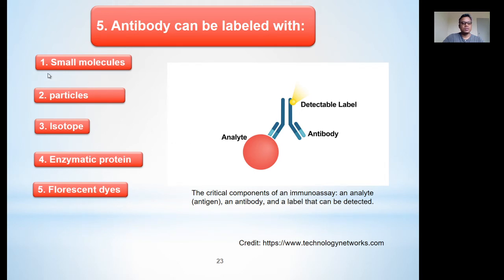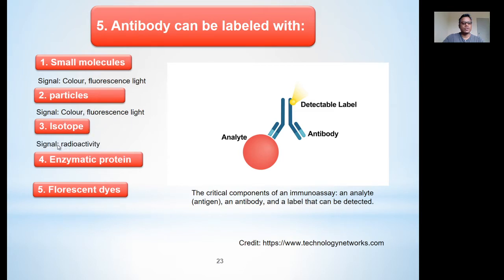So what type of signal are we looking for with these different labels? First, by using small molecules, the signal we are looking for is the formation of color or fluorescent light. For particles, also color and fluorescent light.